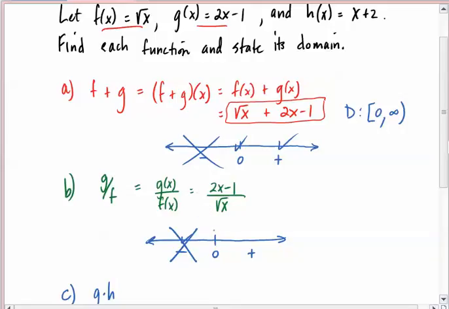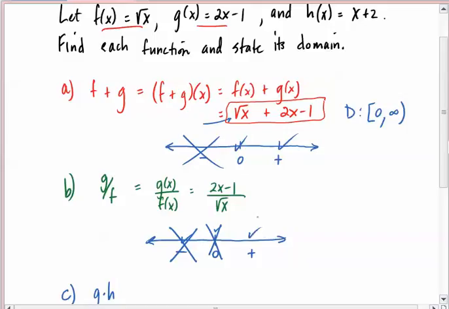And this time we're going to ask, is it okay to put a 0 in? Normally it would be okay. Up here it was okay, but here, because this is in the denominator, I can't put it in. The square root of 0 is 0, and that's a 0 in the denominator. I'm not going to be able to use the 0 this time.